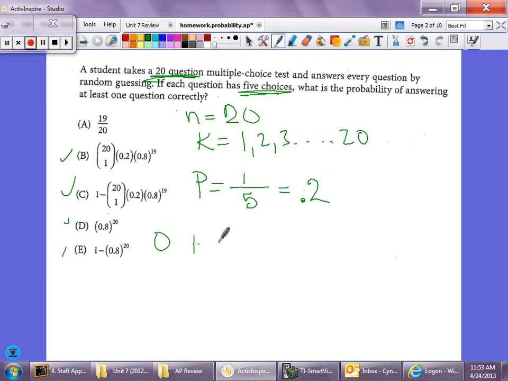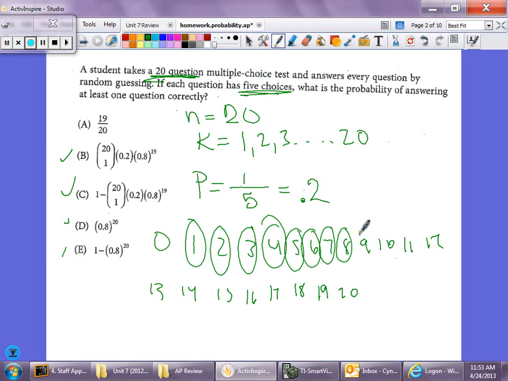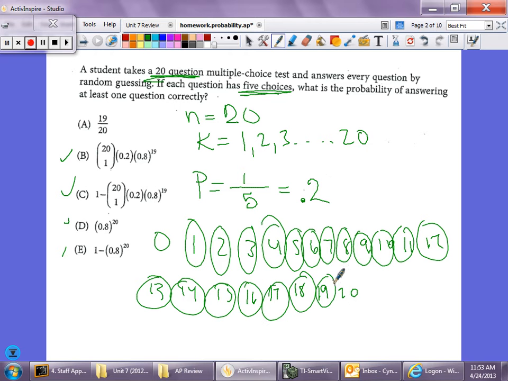So 0, 1, 2, 3, 4, 5, 6, 7, 8, 9, 10, 11, 12, 13, 14, 15, 16, 17, 18, 19, 20. I want to know the probability of getting 1 or more correct. At least 1. That means 1 or 2 or 3. It means everything except what? 0.